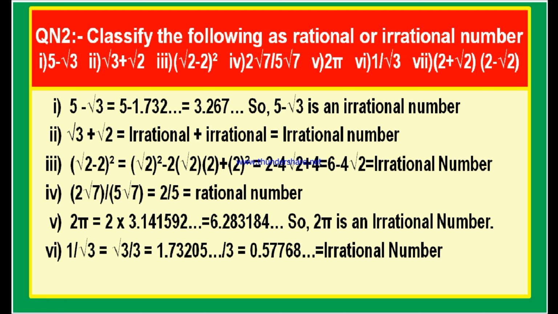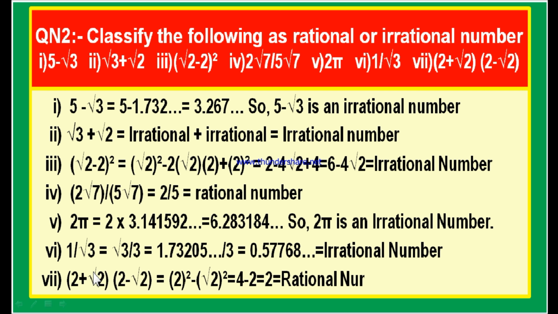Now look at 7th bit. 2 plus root 2 into 2 minus root 2. This is in the form of a plus b into a minus b. Isn't it? What is the formula for a plus b into a minus b, children? Good.